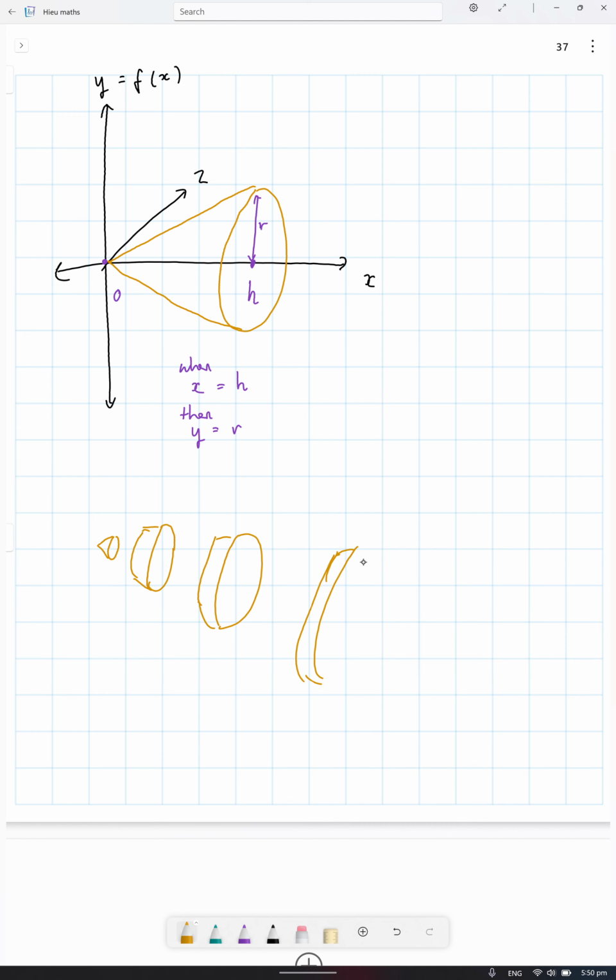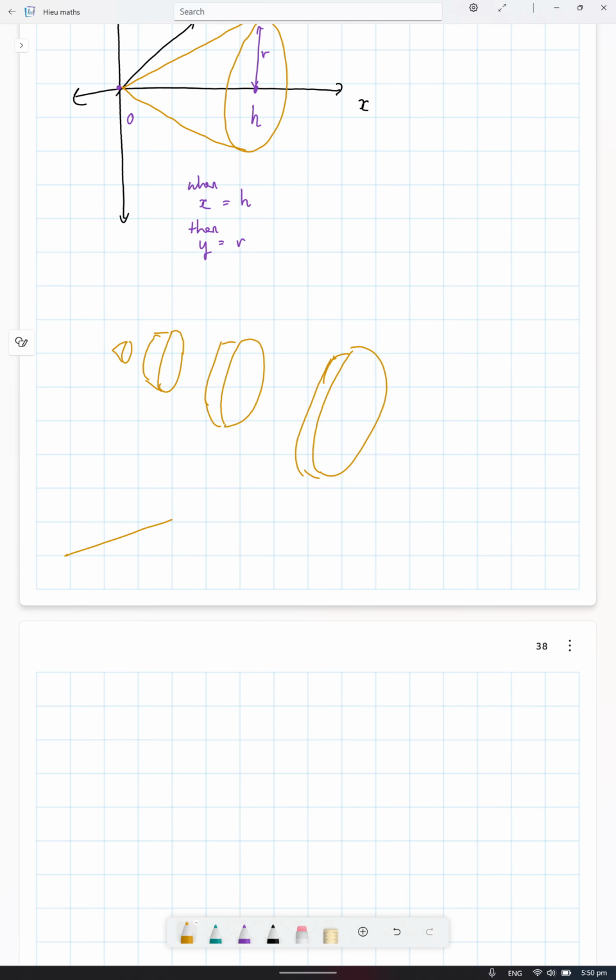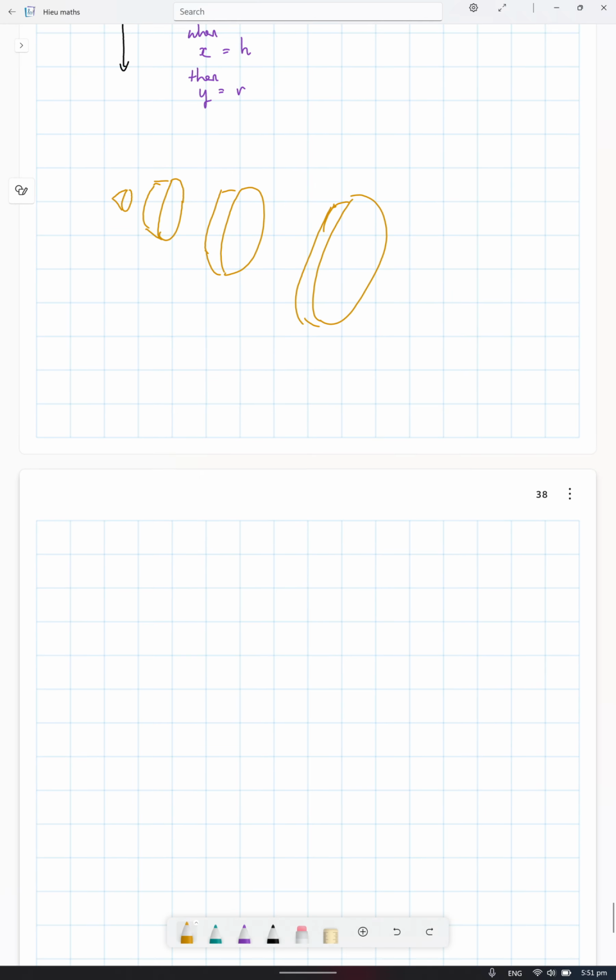You get what I mean? If you split it enough, let's look at it from sideways. If you split it enough, you can think of these as rectangles.